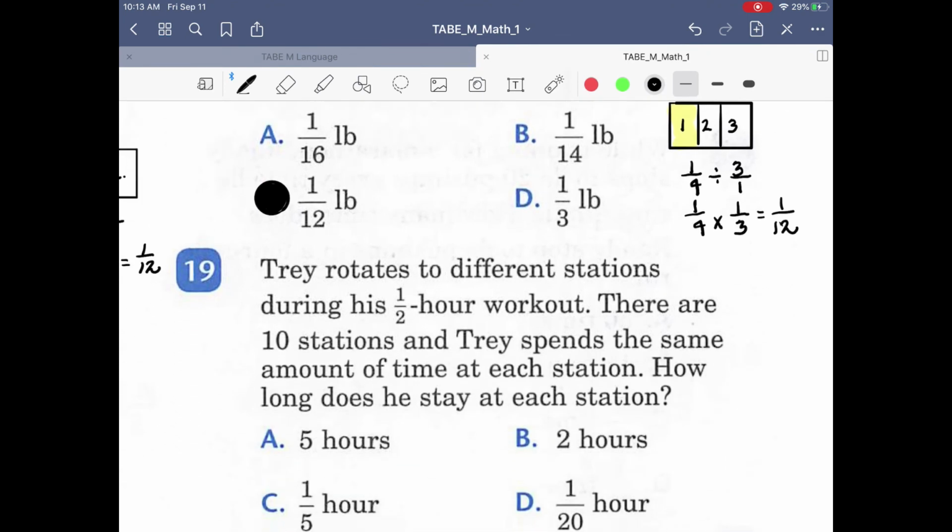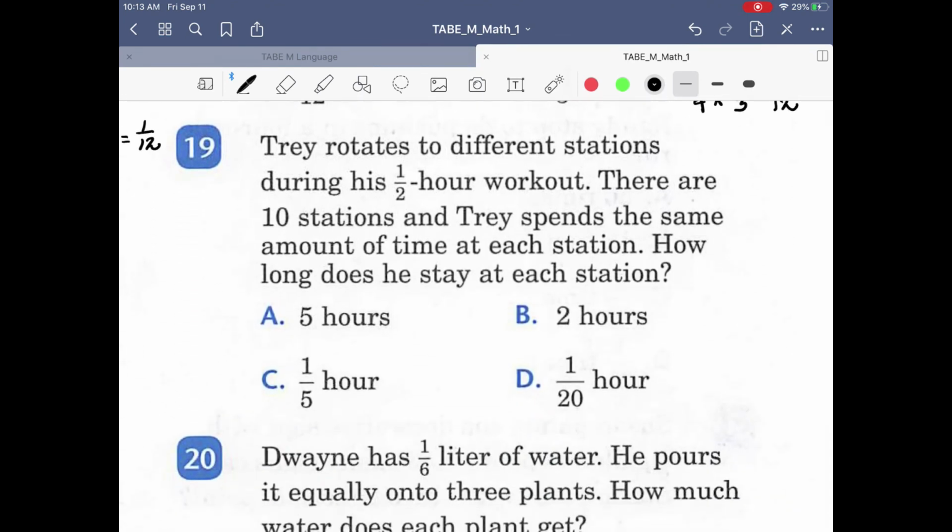Number 19. Trey rotates to different stations during his 1/2 hour workout. There are 10 stations, and Trey spends the same amount of time at each station. How long does he stay at each station?